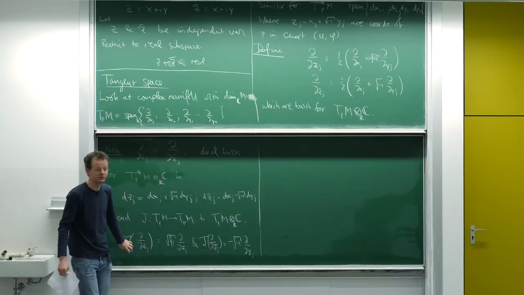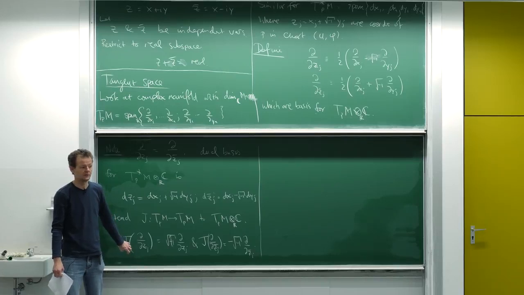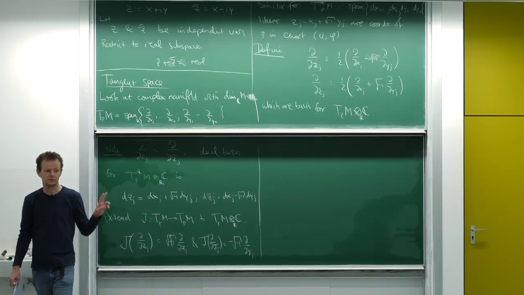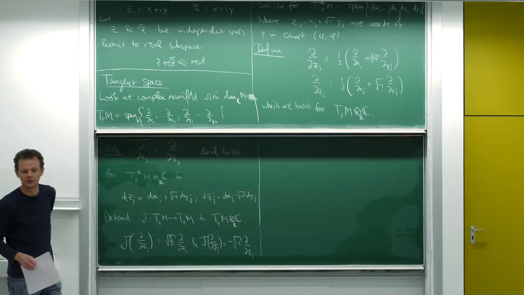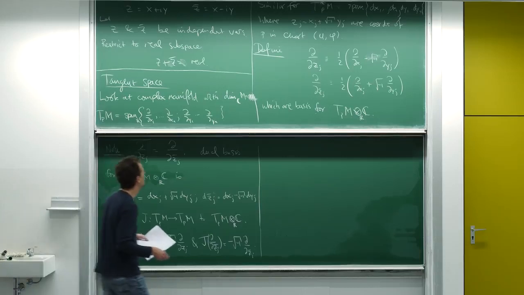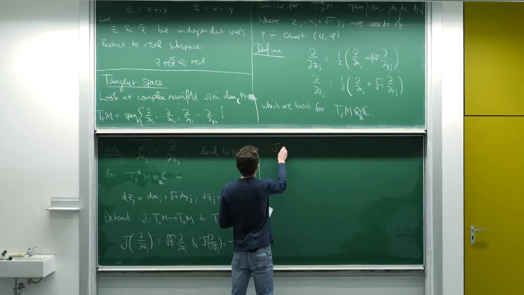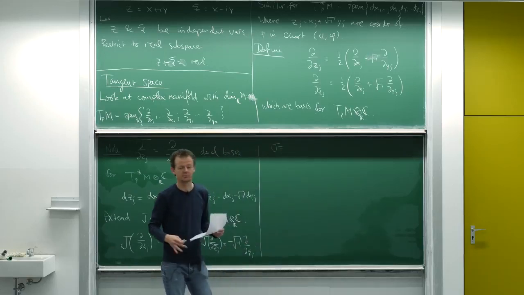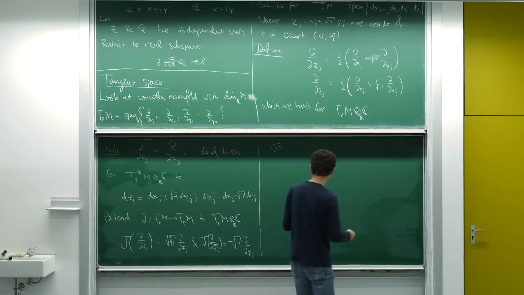But this allows us to express J now as a tensor of degree (1,1). It eats a vector and gives you a vector. So you can express J as a linear combination of tensor products of 1-forms and vectors.